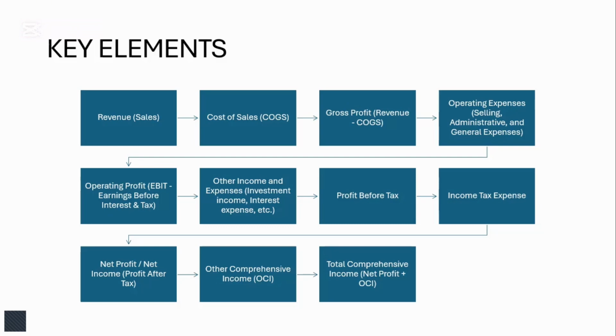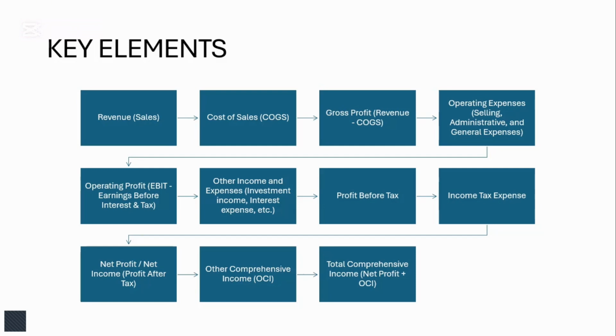Selling expenses would be things such as salaries for your salespeople and delivery costs to carry goods to your customer. Administrative expenses would be your office expenses, and general expenses would be any other expenses you incur in order to generate profit.